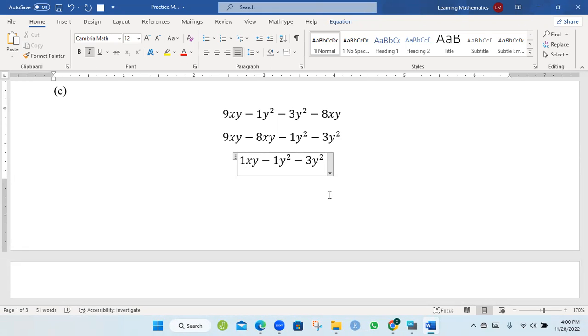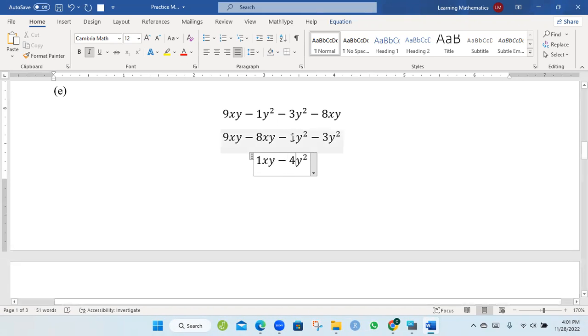So a negative 1 and a negative 3 is a negative 4. Always remember, a negative and a negative is a negative. Negative 1 and negative 3, that's 1 to the left and 3 to the left. That's 4 to the left. A negative and a negative is a negative.